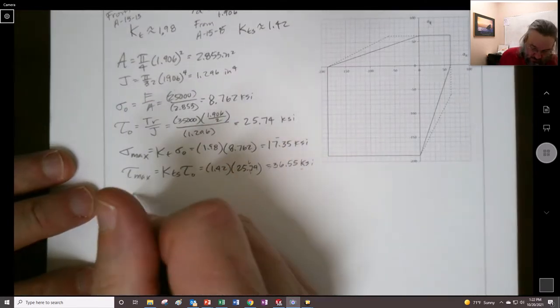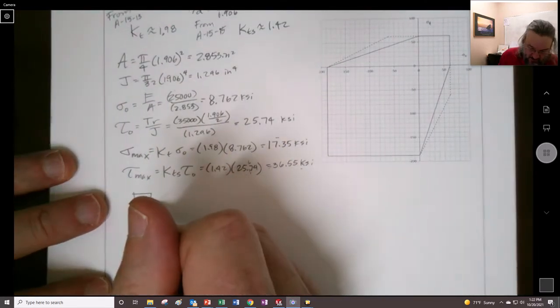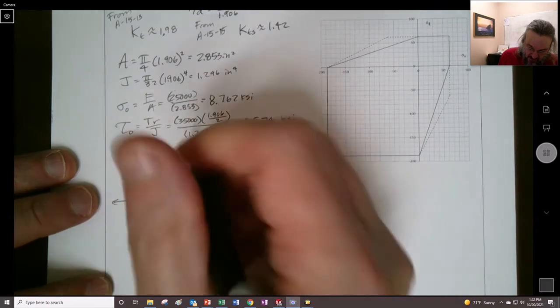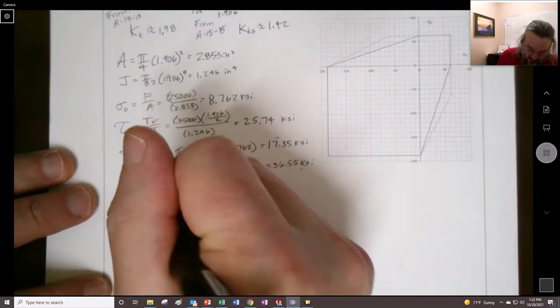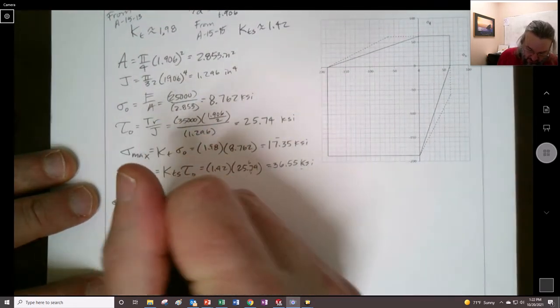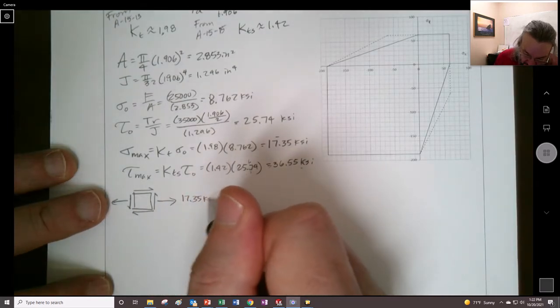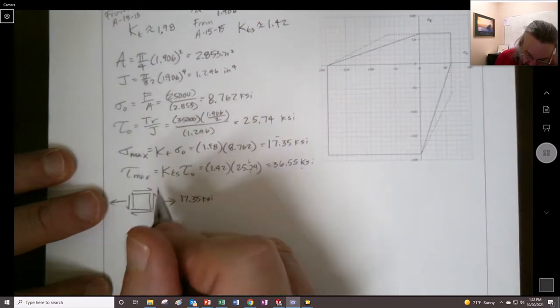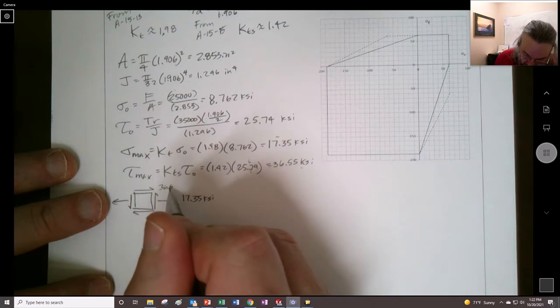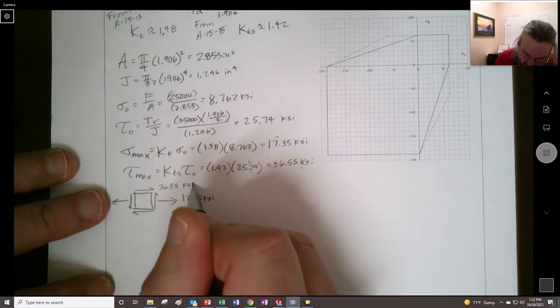So we're going to write down on a stress element. We have stress that way, shear stress that way. And so we have our 17.35 KSI, and we have our 36.55 KSI.